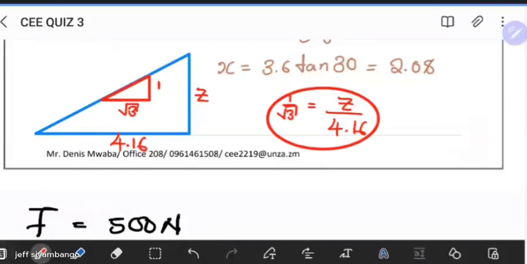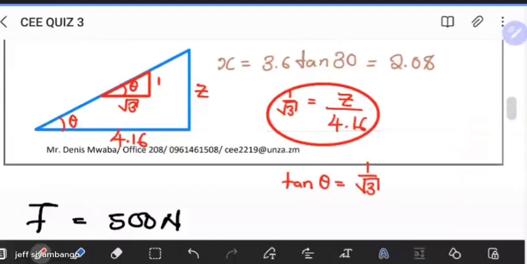No, sir, can you repeat? I don't understand. Okay, look at the triangle in red. I just mentioned that if the angle here is theta, then the angle here must be theta too. If I use tan theta for the red triangle, I will have 1 over √3.